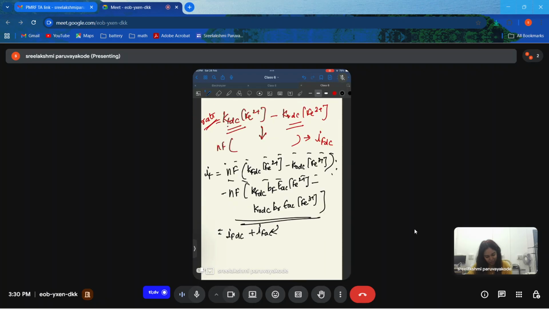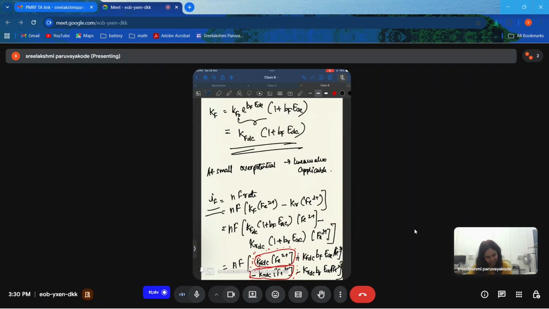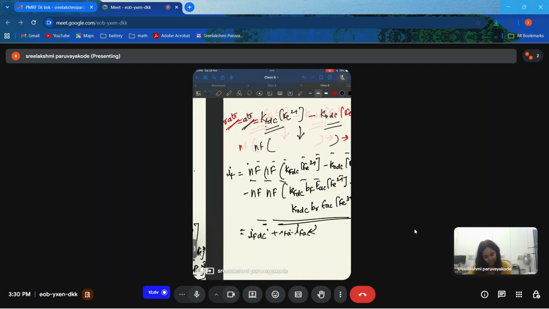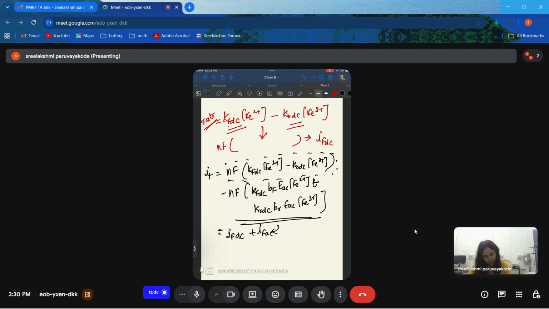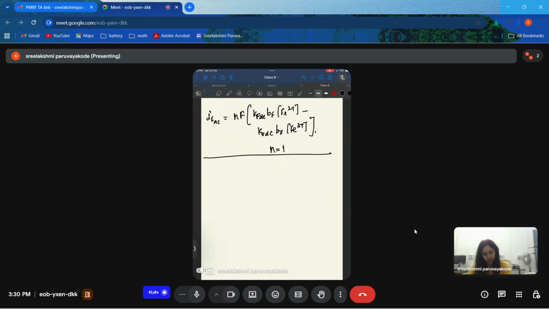Okay, I forgot one term. You see the equation, it has EAC along with it. I forgot to write it. So here EAC is in common. I can take EAC out, right? Now what is impedance? Impedance is EAC by IFAC.